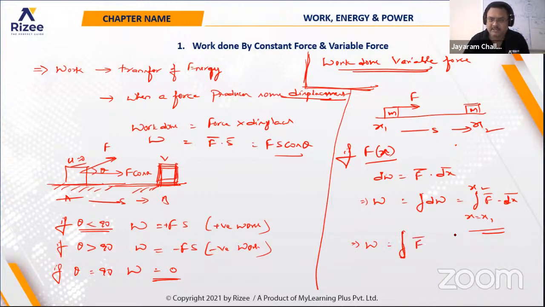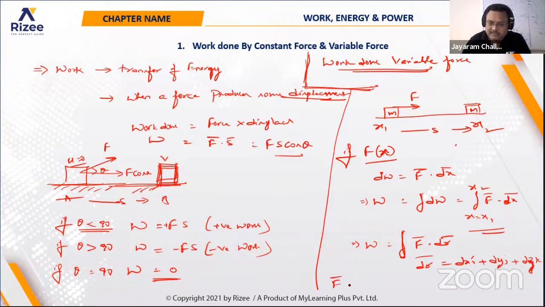It's a vector like this, that is dr bar. Here dr bar can be written as dx i plus dy j plus dz k. So it depends upon the type of force being used.